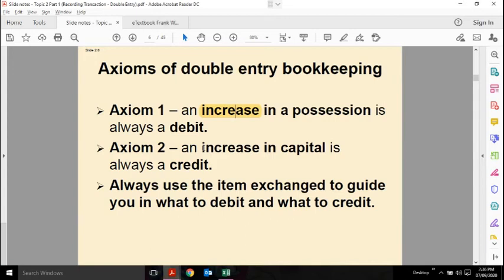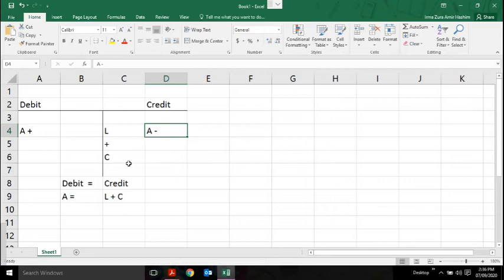See? When your capital increases, you will record it on the credit side, as a contra. So as you can see, this concept is based on the accounting equation, asset equals liability plus capital, and it is based on this T form, the one that I highlighted here.